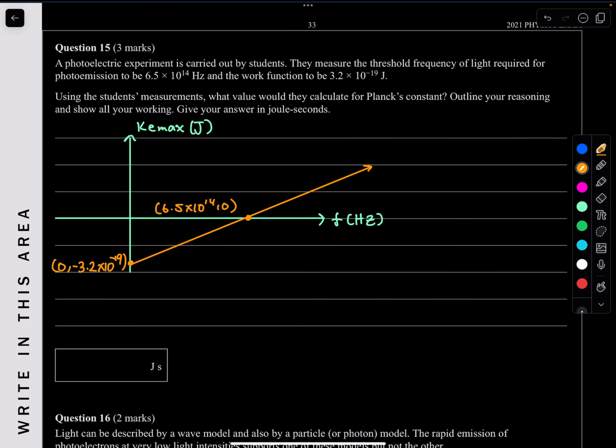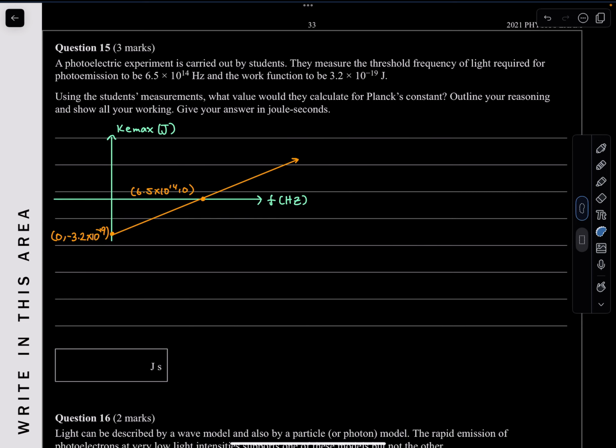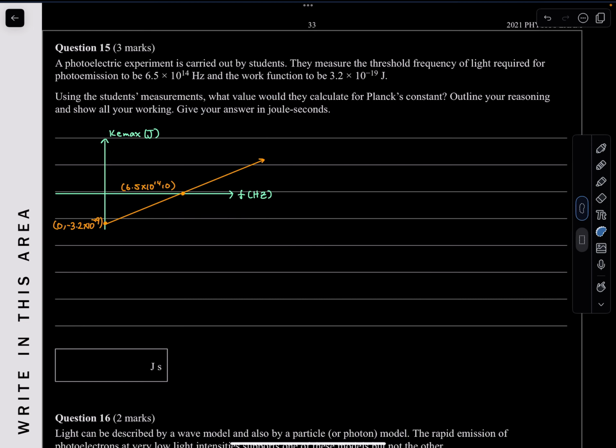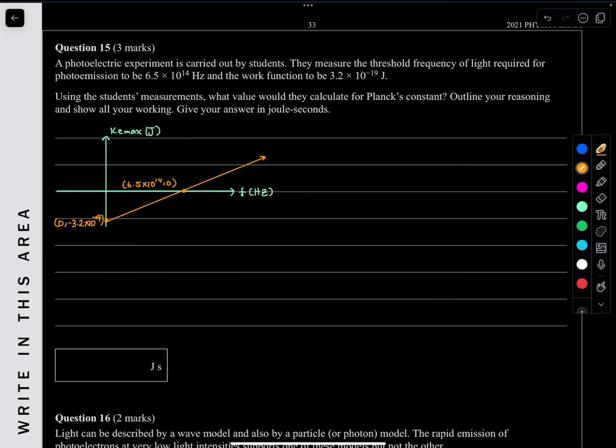Beautiful. Now, if we have two coordinates, we can easily calculate the gradient of this graph. Your gradient is going to be 0 minus 3.2 times 10 to the negative 19, all divided by 6.5 times 10 to the power of 14 minus 0.